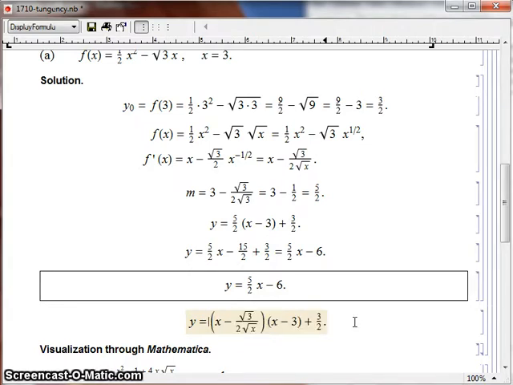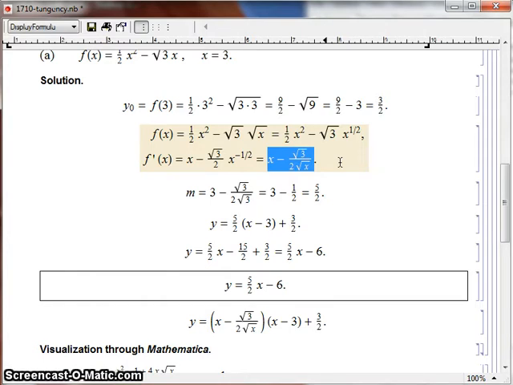The reason this kind of mistake took place is the students did not understand the difference between the derivative function and the derivative. The derivative is a number and it's the slope of a tangent line. The derivative function, on the other hand, is a function that gives you the derivative value when you plug in appropriate x values.